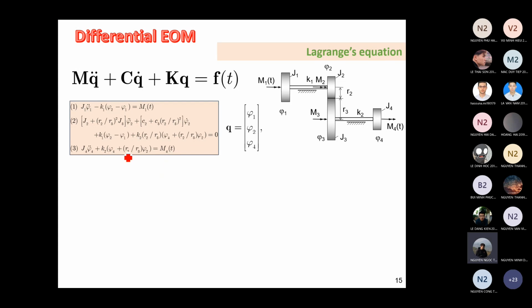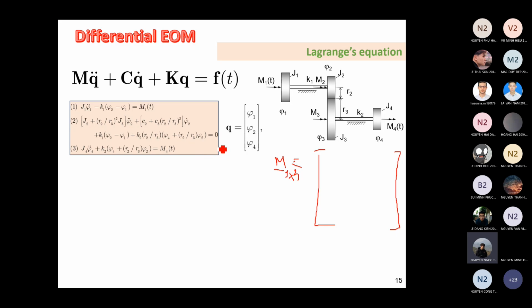The second is J2 plus R2 over R3 squared. What is the second? Because you have all said that M has the size 3 by 3.